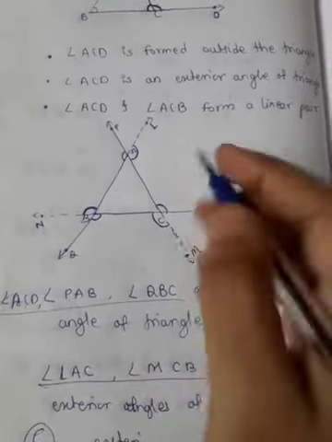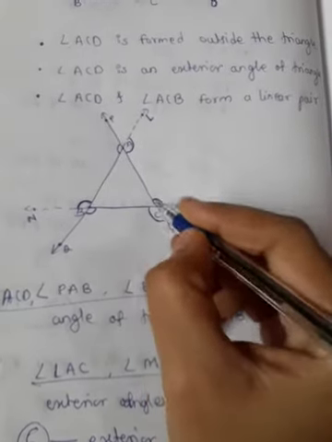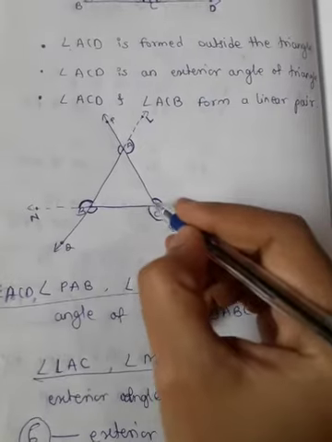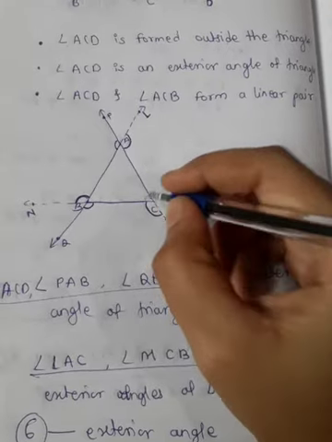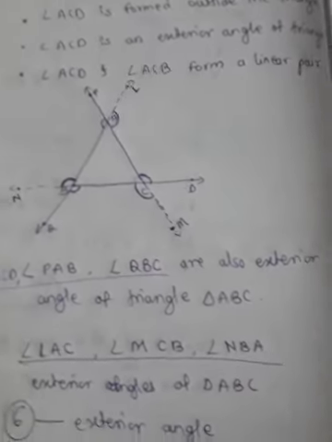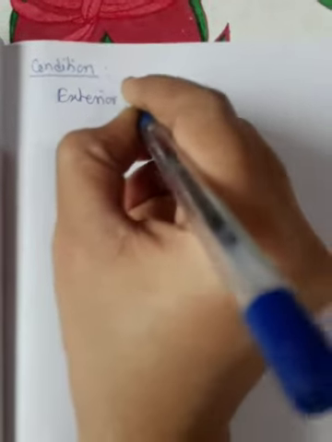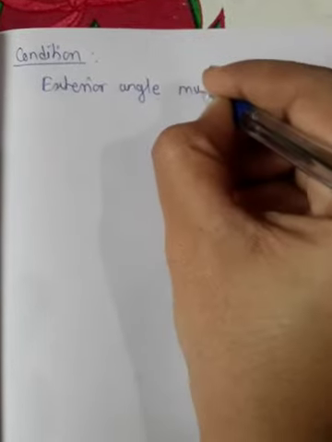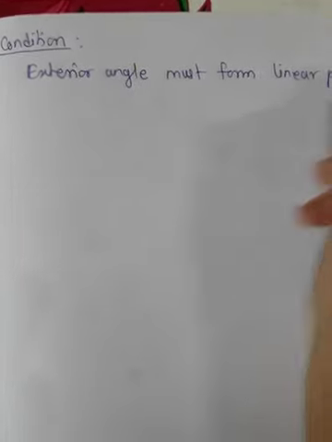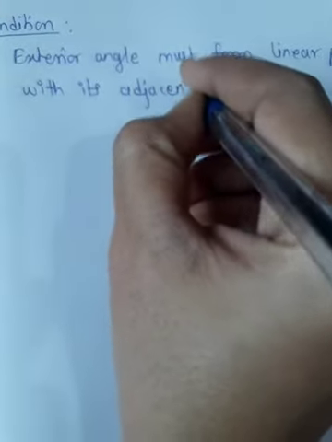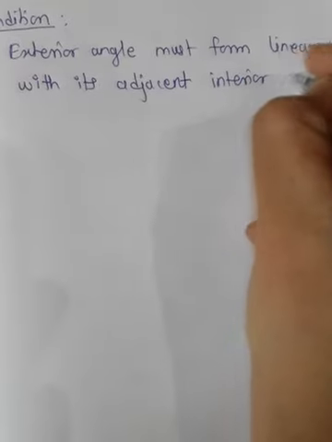See these angles. Angle ACD forms a linear pair with its adjacent interior angle.